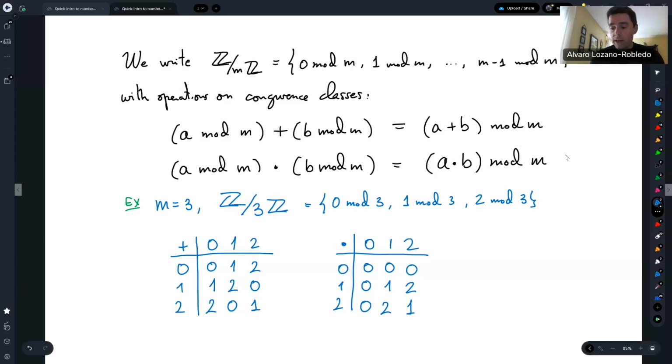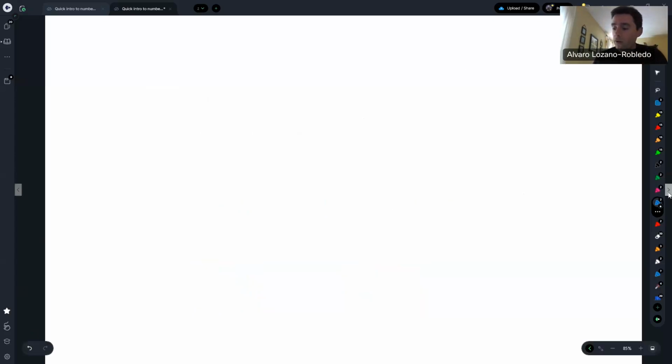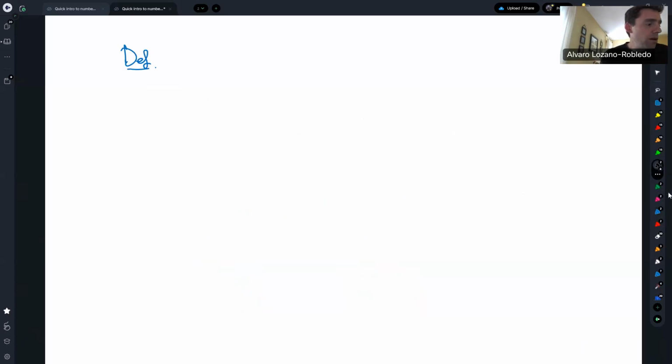So in this new system that we've created, there are some elements that have multiplicative inverses. Let's define what is a multiplicative inverse. We've already discussed a little bit about that in the previous video.